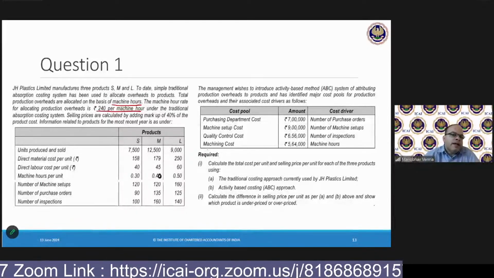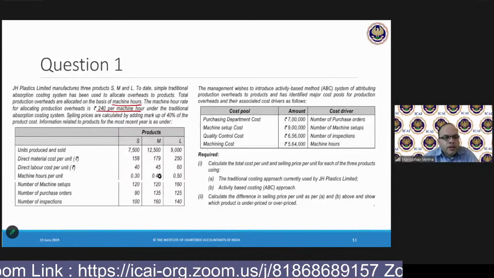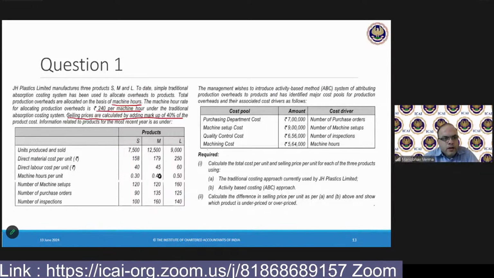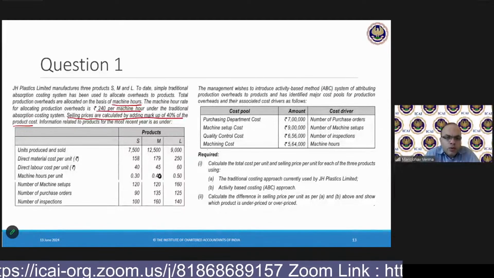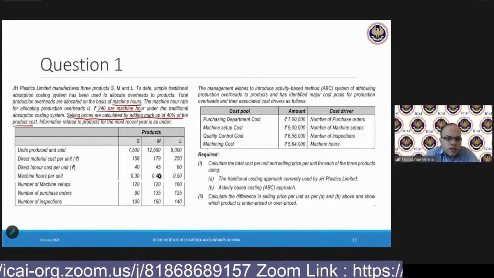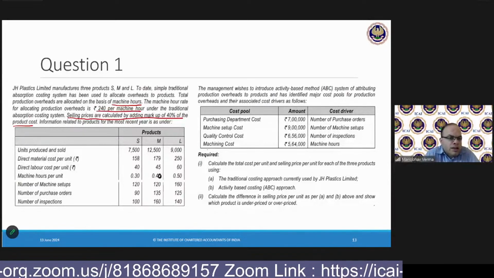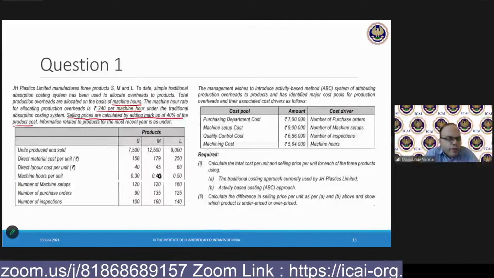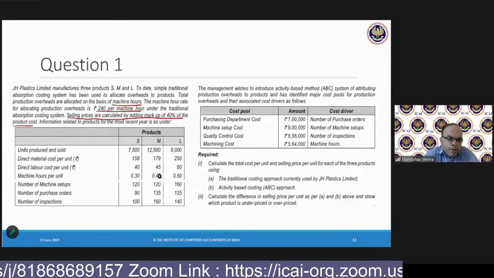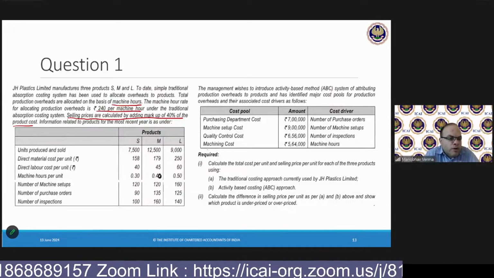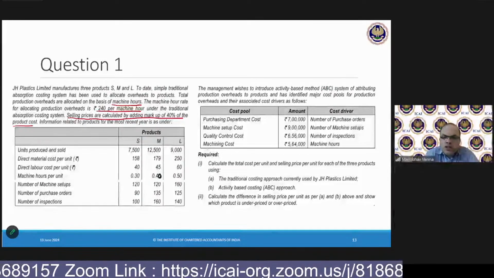Selling prices are calculated by adding a markup of 40% of the product cost. There is information given to us for the most recent year: units for each of the products, direct material cost, labor, machine hours per unit, number of machine setups, number of POs, inspections.